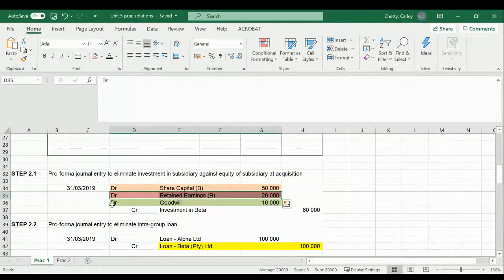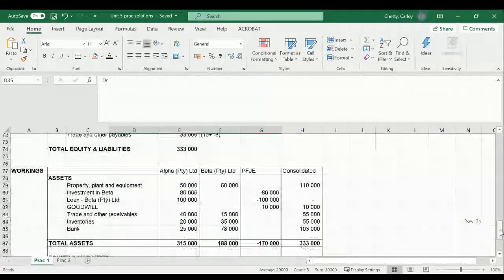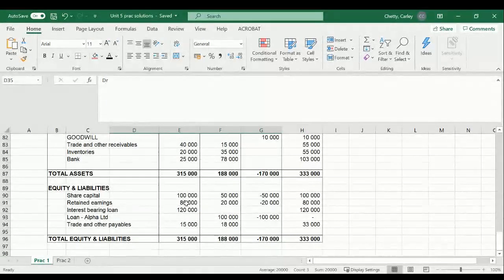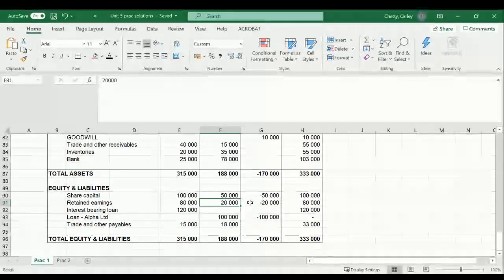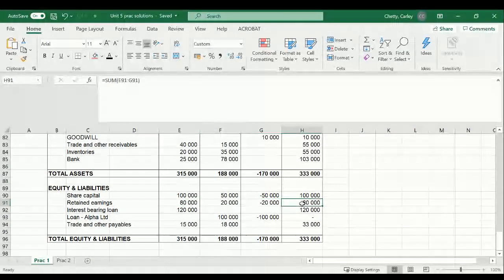So that retained earnings here, this debit retained earnings, eliminates the retained earnings in beta on consolidation. So here we are going retained earnings of alpha plus retained earnings of beta plus the pro forma journal entry. So it is 80 plus 20 and then minus 20, which gives us 80,000 Rand of retained earnings in the consolidated financial statements.